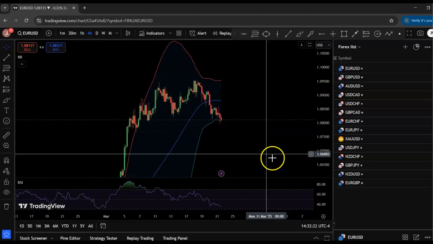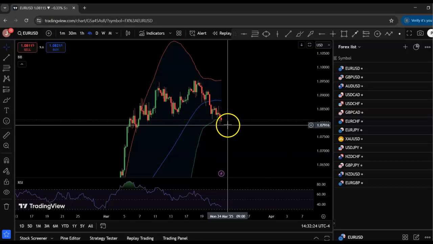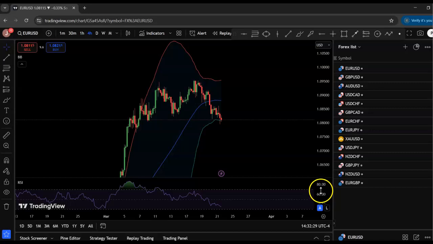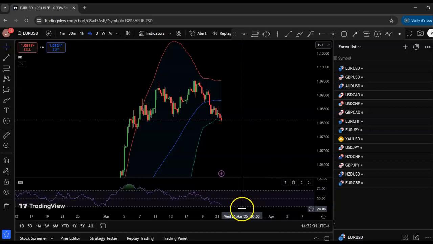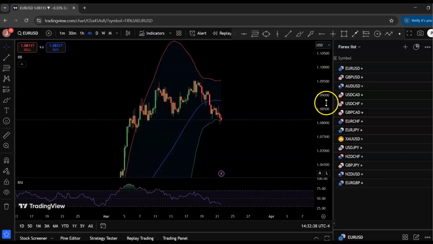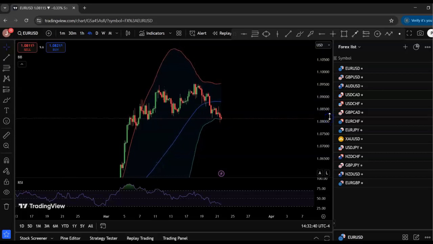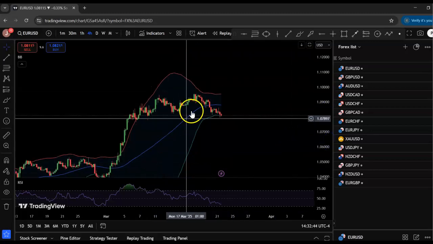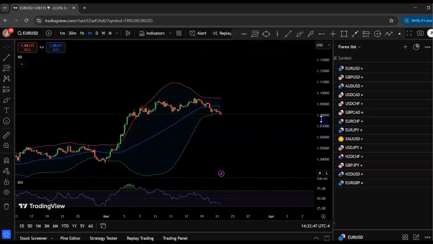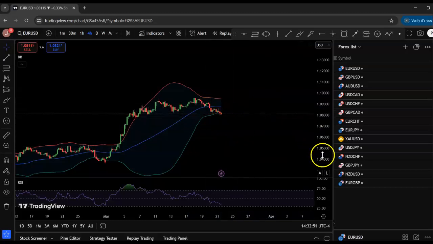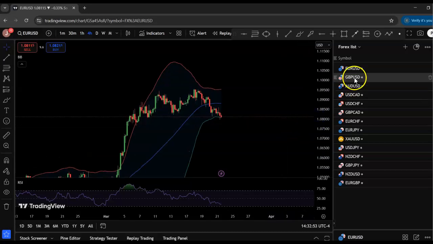So pretty much I'll wait for this move to get completed, and the RSI can help us when it's completely oversold, and it's more effective if you have a divergence, to look for an entry on the way up. And it looks good because we know we're up in the daily, and this looks like a retracement. Okay, so that's what we're going to wait for this week on the Euro USD.